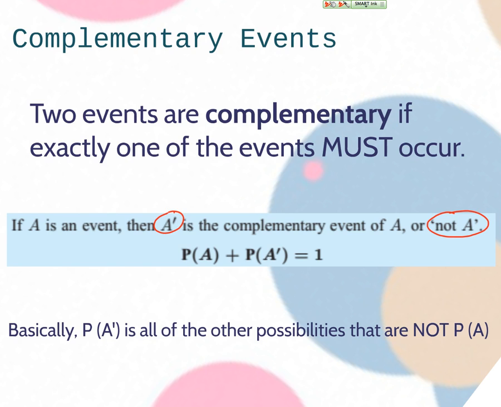So it's that other half. Together, complementary events will add up to equal 1 because there's a 100% chance one of the two things would happen. And this last little note I added after someone said this out loud in second hour. The complement is all the other possibilities that are not your original event.